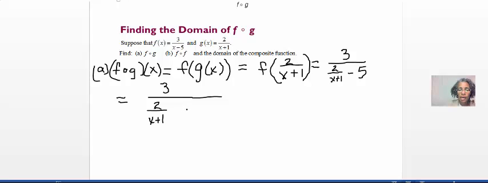In this case, I only have one minor fraction. And that minor fraction is 2 over x plus 1. When you only have a single minor fraction, you're going to multiply every term in the numerator and every term in the denominator by the denominator of that minor fraction.